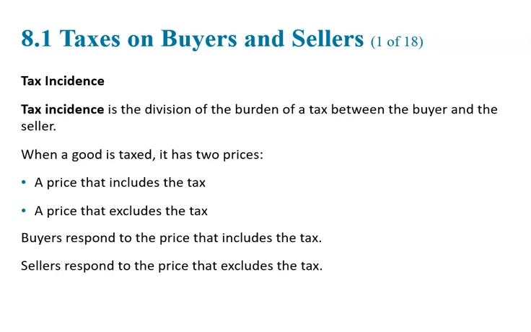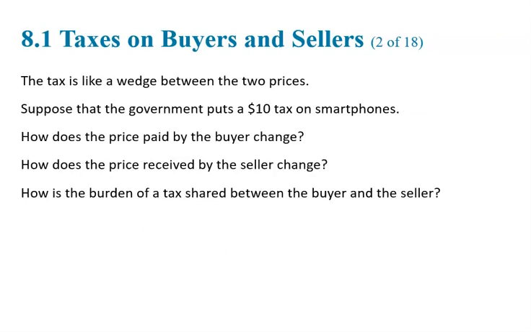Buyers respond to the price that includes the tax because buyers eventually end up paying the tax, and sellers respond to the price that excludes the tax, simply because sellers get the price which is after the tax. They don't get the tax which is paid by the buyers, they get the price net of tax, and the tax is taken away by the government. So the tax is like a wedge between the two prices.